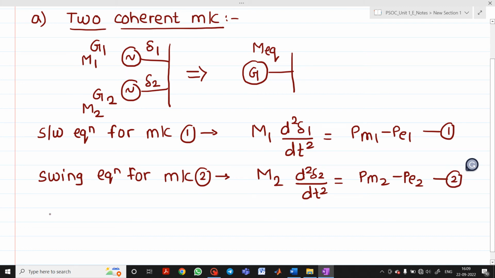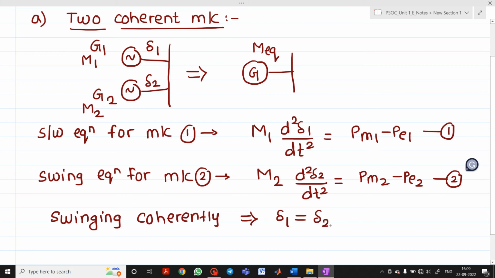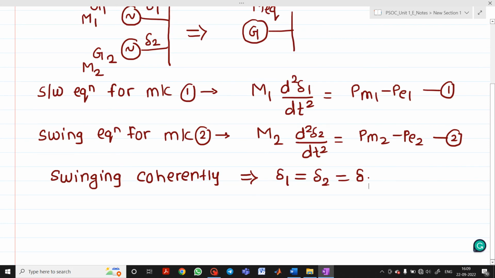Now, here we are discussing two machines which are swinging coherently. Then what is the case? Swinging coherently means the load angle delta of machine 1 and the load angle delta of machine 2 will be the same. So as it is the same, we will treat this as delta. Now I will add equation number 1 and 2.